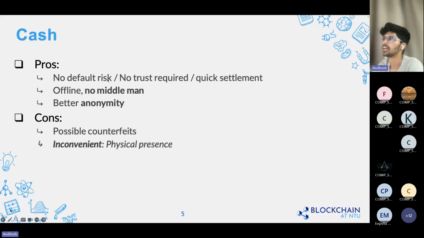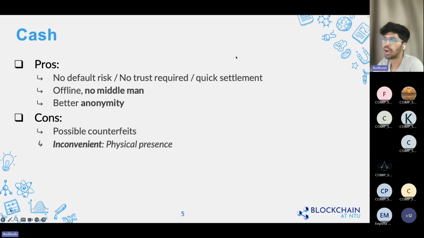We already know that it's issued by a central authority like RBI in the case of INR, so there's no trust required. If I give any INR to any person in India, he'll happily accept it. That's why there's no trust required.